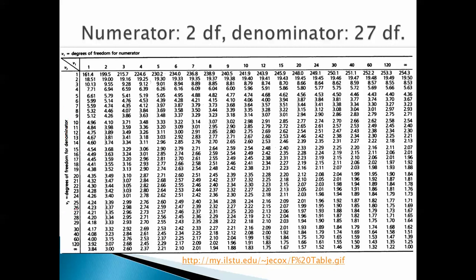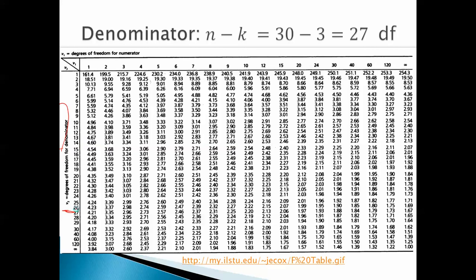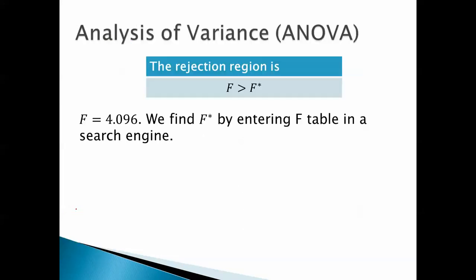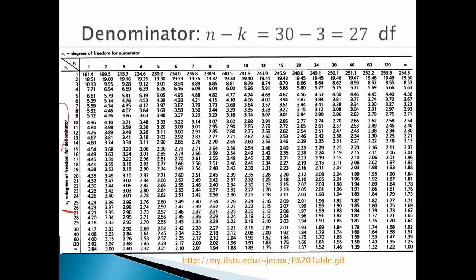The numerator has 2 degrees of freedom. And we end up with an F table that looks like this. The F table is categorized according to degrees of freedom for the numerator and degrees of freedom for the denominator. For the denominator, we saw we had n minus k, which is 30 minus 3, in other words, 27 degrees of freedom, so this is what we want here.